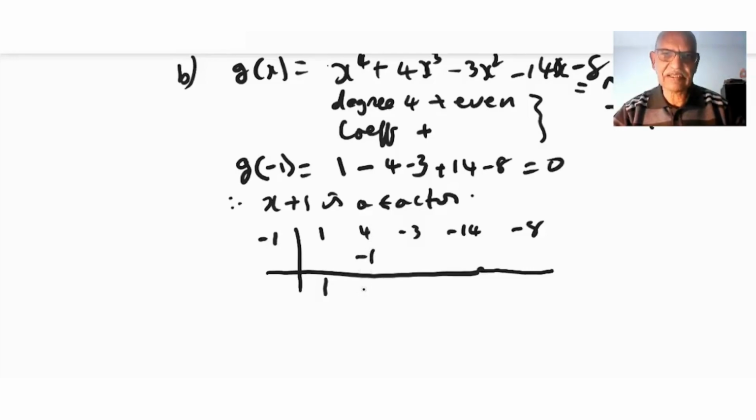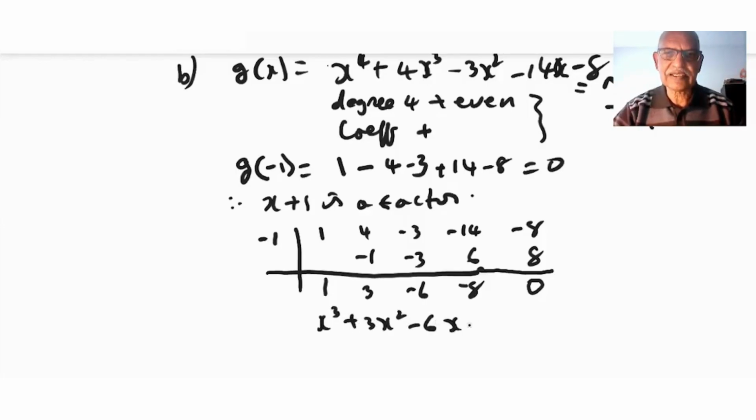I add 3. 3 times negative 1 is negative 3. I add negative 6. Negative 6 times negative 1 is positive 6. I add negative 8. Negative 8 times negative 1 is 8. I expect the last number to be 0. Therefore, since the polynomial was degree 4, here we start with 1x cubed plus 3x squared minus 6x minus 8.